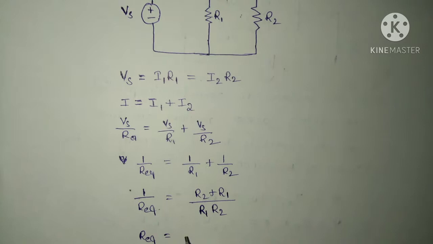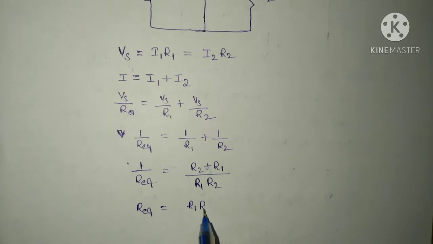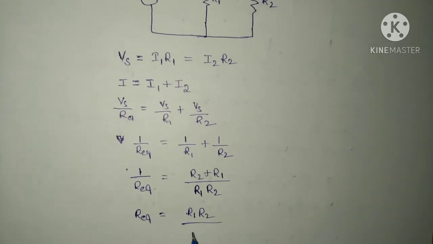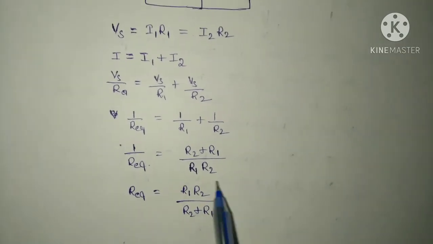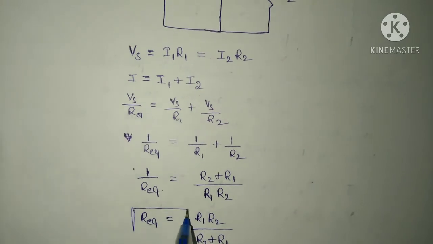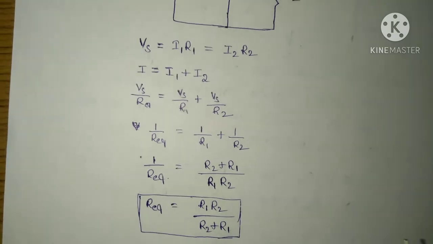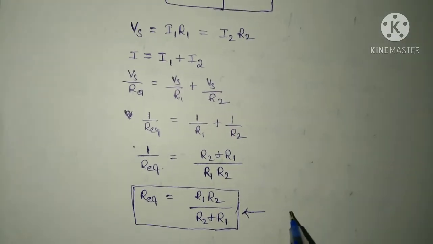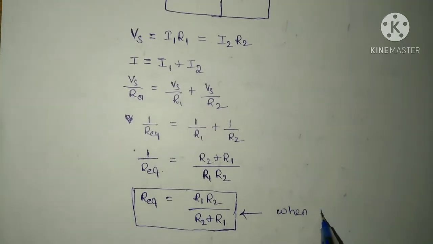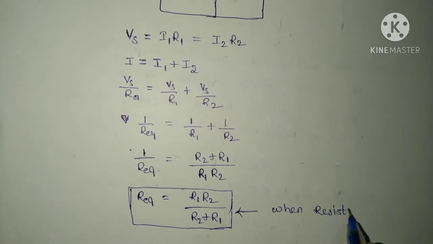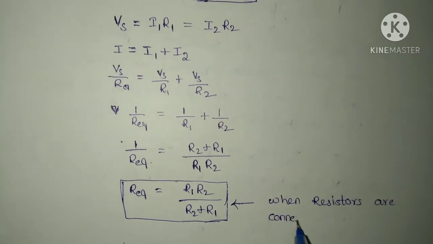This is the reciprocal. By this formula we can find the equivalent resistance when two resistors are connected in parallel.